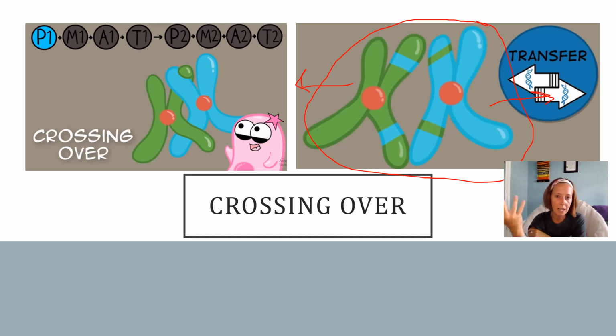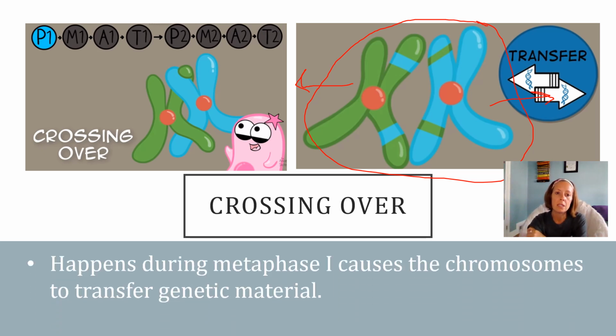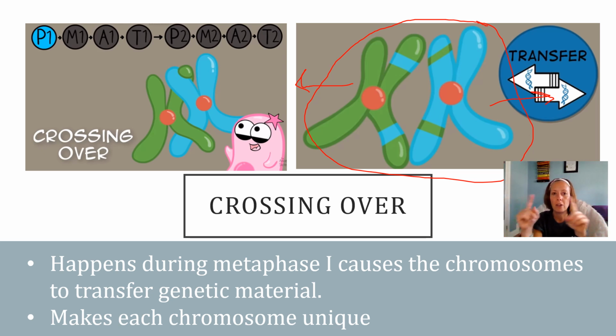But something funny happens when this happens. What occurs is that during metaphase 1, the chromosomes actually can transfer genetic information to each other, right? So what they do is they kind of cross their legs over. See them up here in this picture? Right? And when they do that, they actually give each other genetic information.